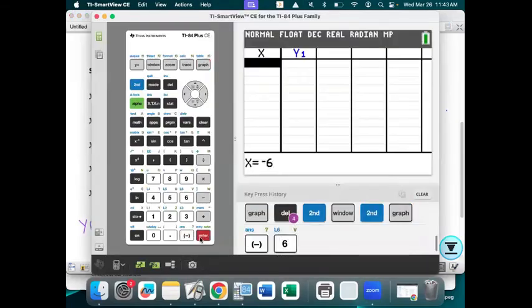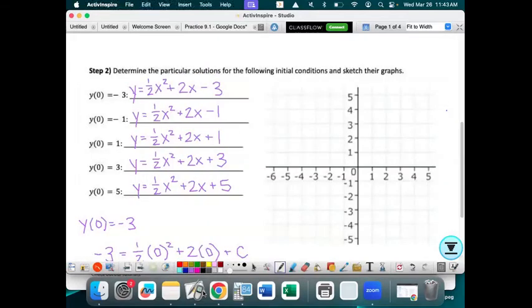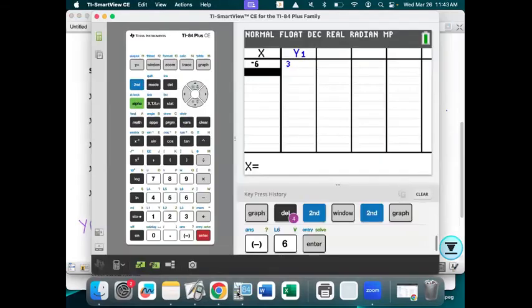So let's see, -6, output of 3. So we can plot that. -5, -0.5. I am only going to plot whole number outputs for now unless I have very few outputs. -4 is -3.